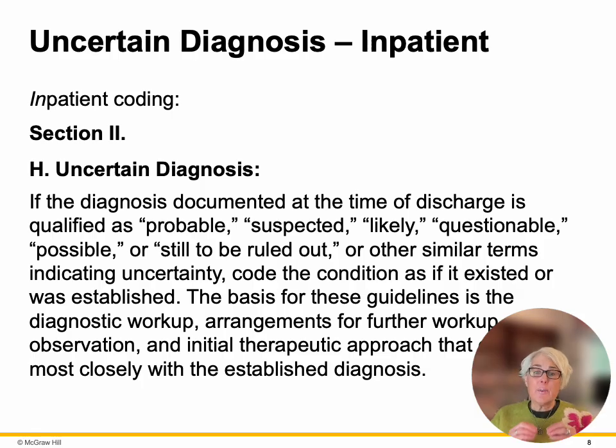This is only for inpatient, it's not outpatient. That means we report the condition itself rather than just the symptoms. This is very, very different from those outpatient coding guidelines.